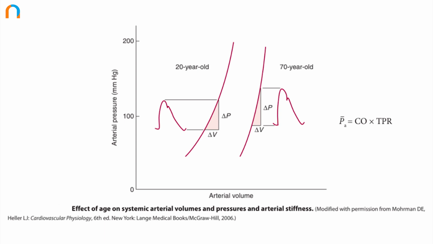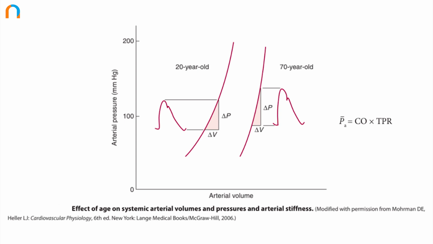Arterial pulse pressure is about 40 mmHg in a normal resting young adult because systolic volume is about 80 milliliters and arterial compliance is about 2 milliliters per millimeter of mercury.